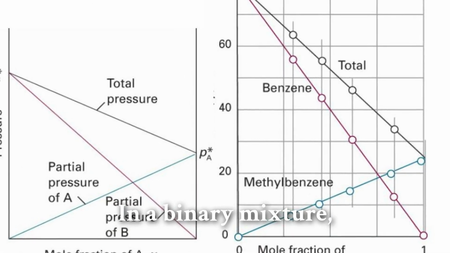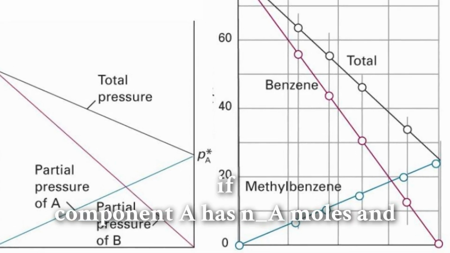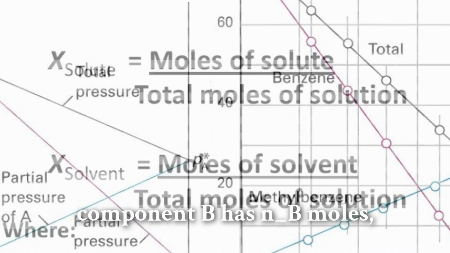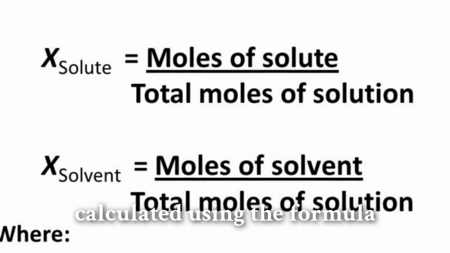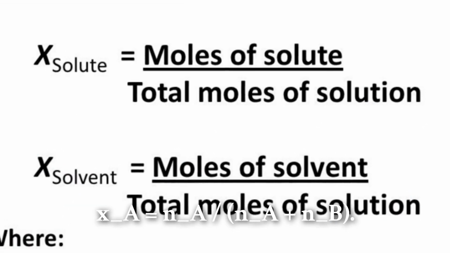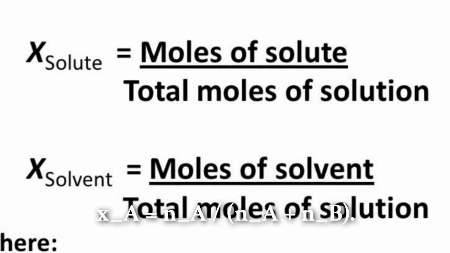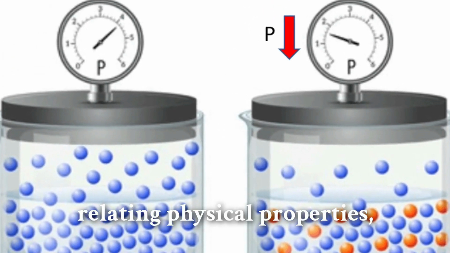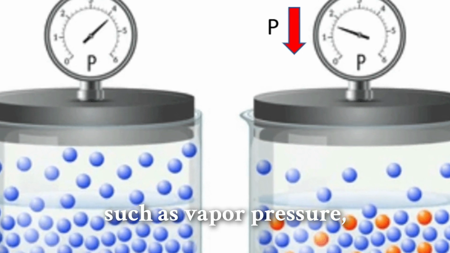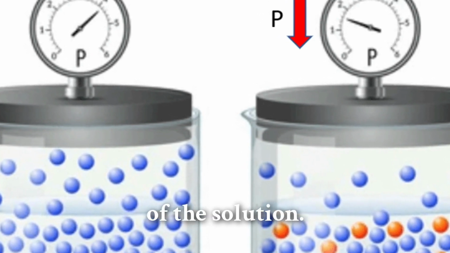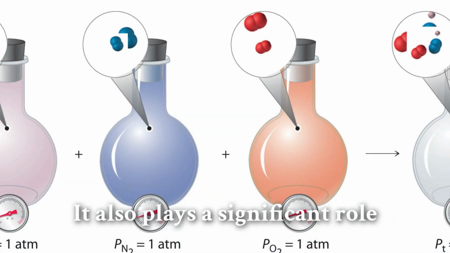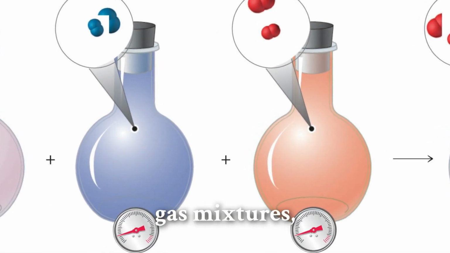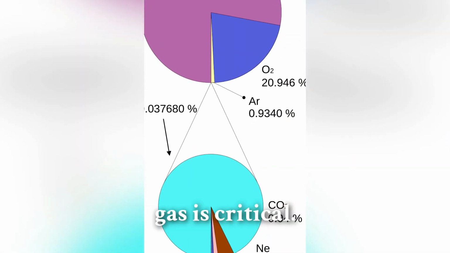In a binary mixture, if component A has nA moles and component B has nB moles, the mole fraction of A can be calculated using the formula xA = nA/(nA + nB). This unit is valuable for relating physical properties, such as vapor pressure, to the concentration of the solution. It also plays a significant role in calculations involving gas mixtures, where understanding the proportion of each gas is critical.